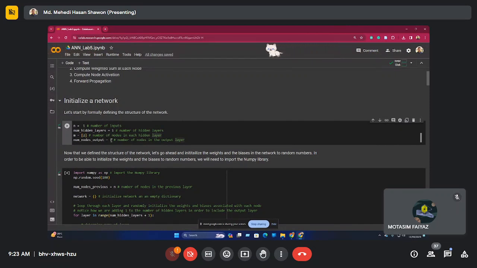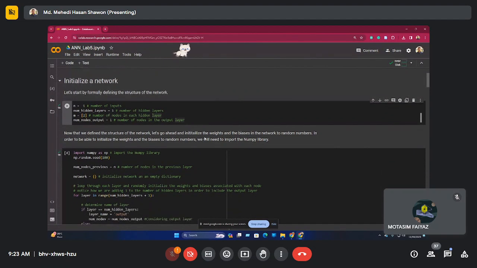This is very simple, right? It will be one input, one hidden layer with 2 nodes, and one output node. So in total 1, 2, 3, 4, there will be four nodes. So we just initialize a very simple multi-layer perceptron model.